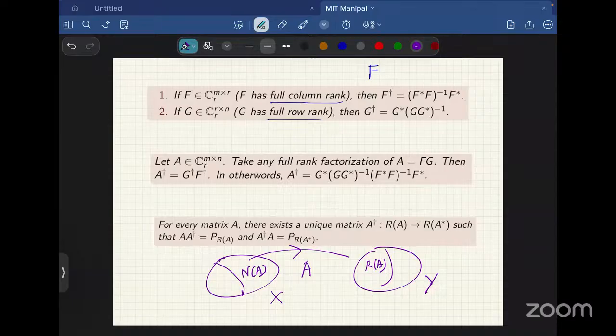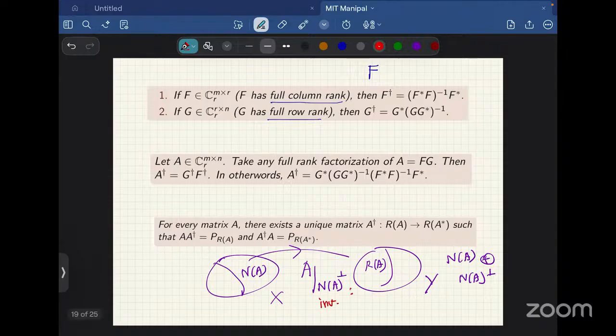If there are non-zero elements which are mapped to 0, the map is not invertible. Therefore, we restrict the map to the complement, so it is N(A) perp. N(A) and N(A) perp, as an orthogonal direct sum, give the full space. Therefore, when we restrict, this map is invertible; its inverse exists. Then you can talk about this map from the space to the range of A. It is one-one and onto.